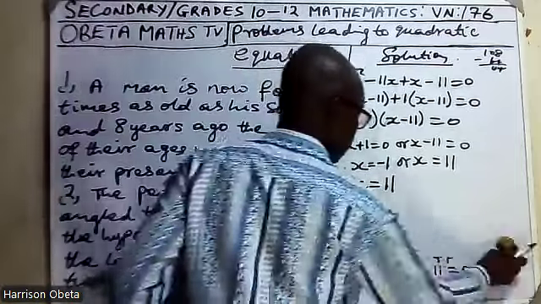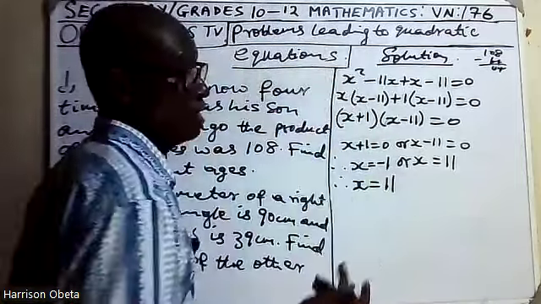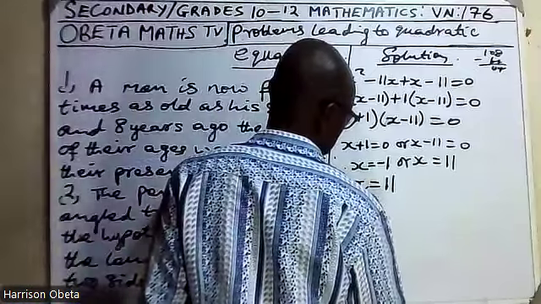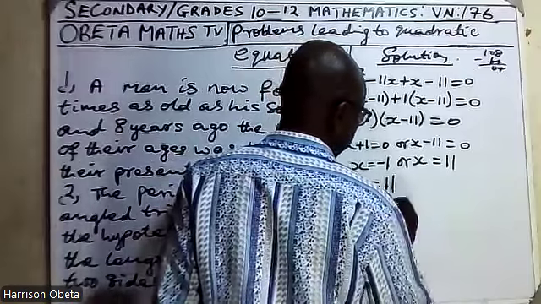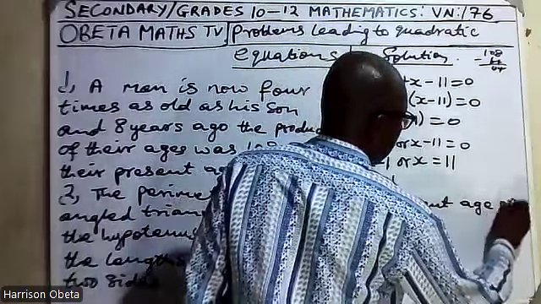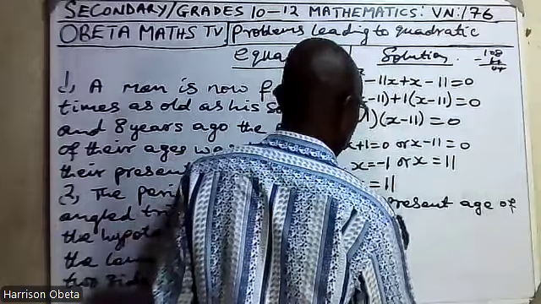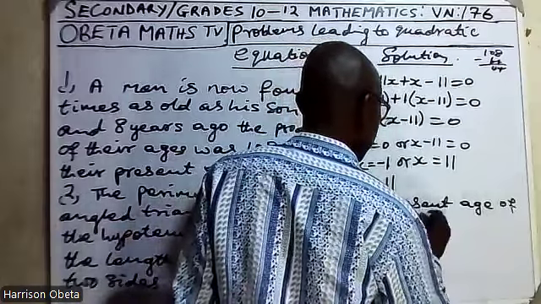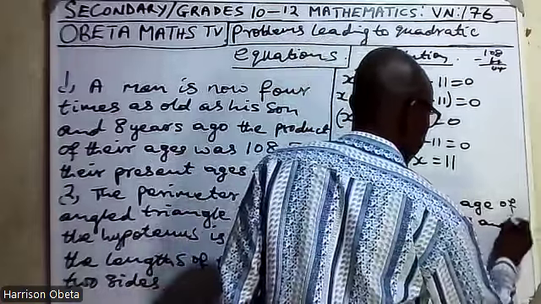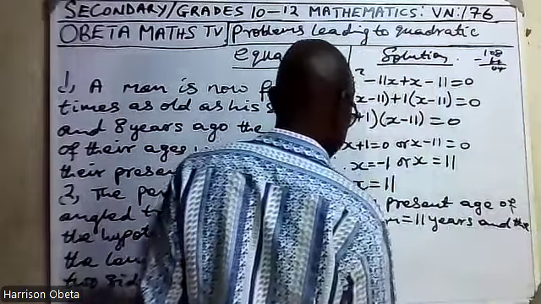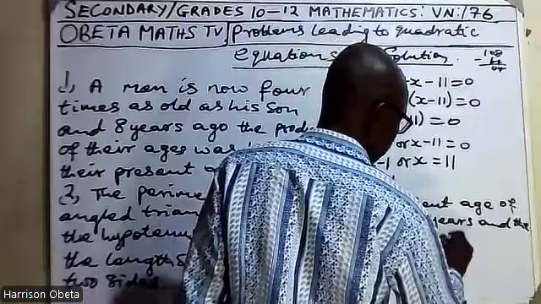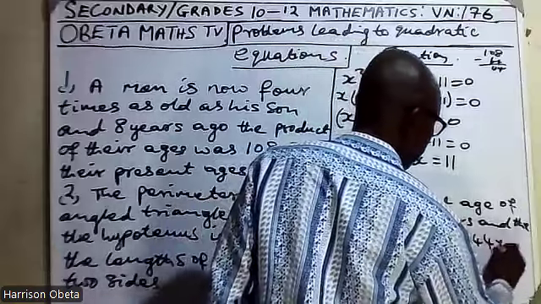So finally, we started by saying let the age of the son now be x. Therefore, the present age of the son equals 11 years and the father is equal to 4 times 11, which is equal to 44 years.